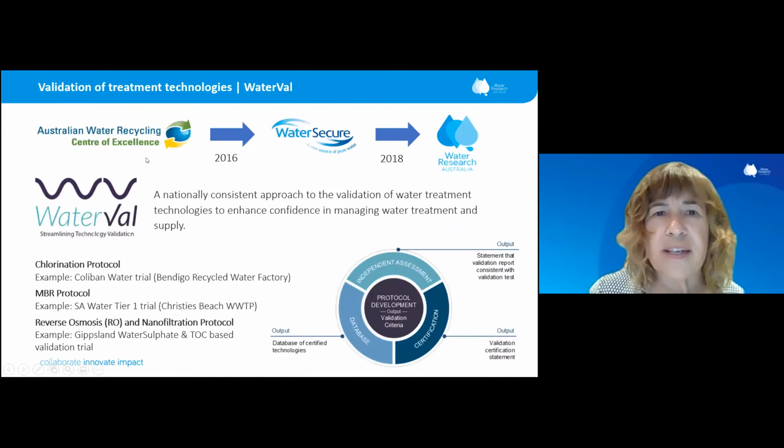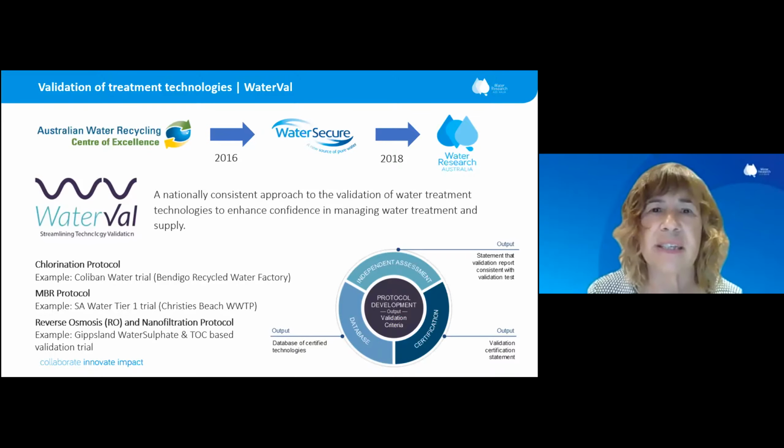So one of the examples that I wanted to take you through was to look at the WaterVal protocols and framework that was developed by the Australian Water Recycling Centre of Excellence, and the IP has since passed to Water Research Australia.